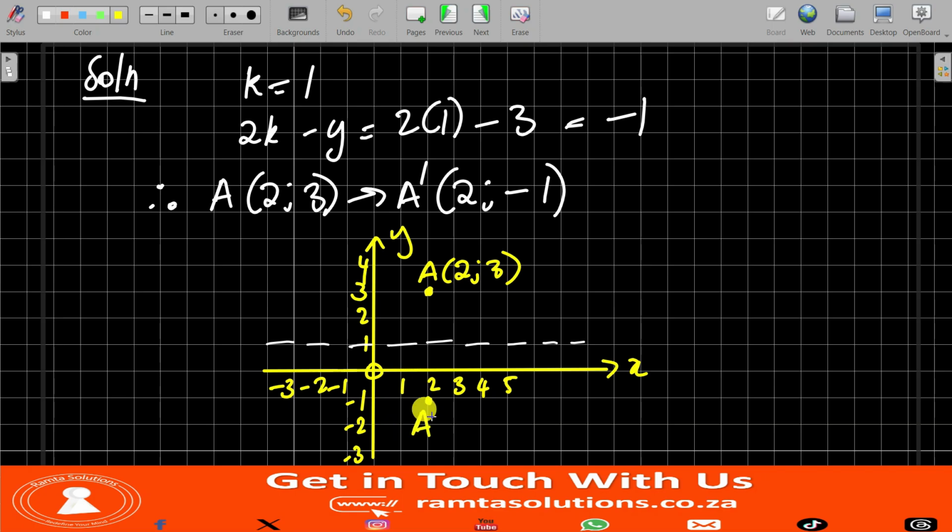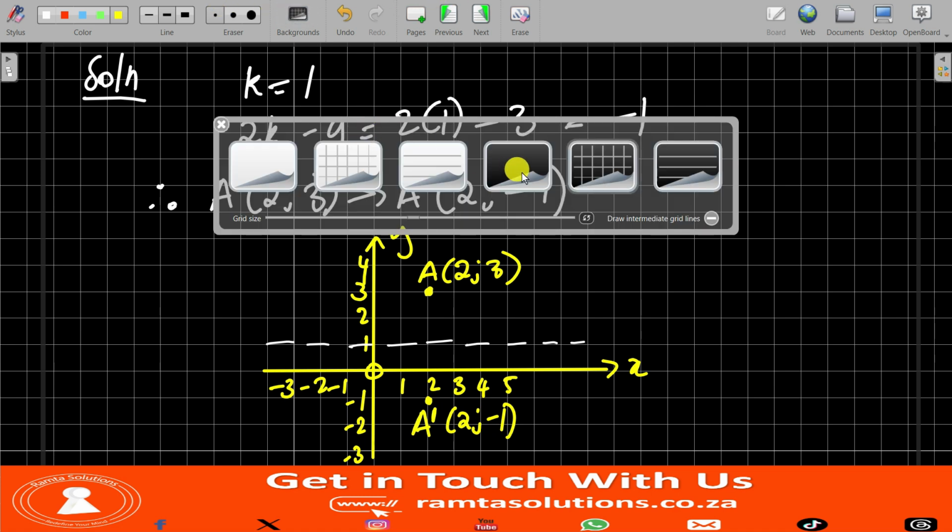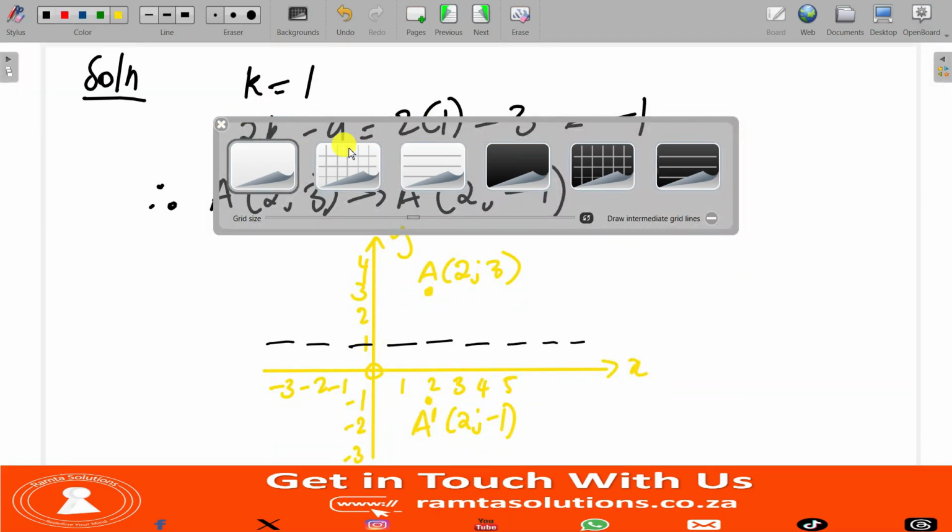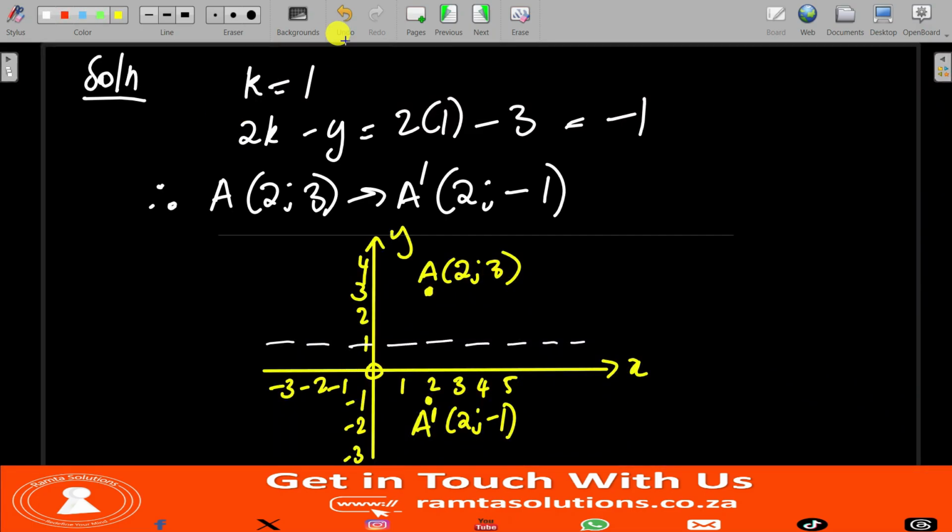So A prime must be 2 and negative 1. Indeed, this is what we got. Can you guys now see that this is working? So the rule we had is perfect.